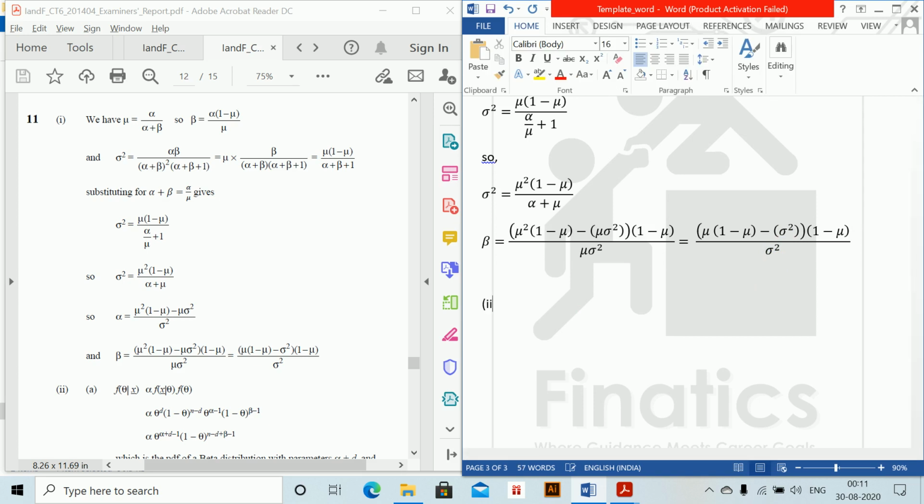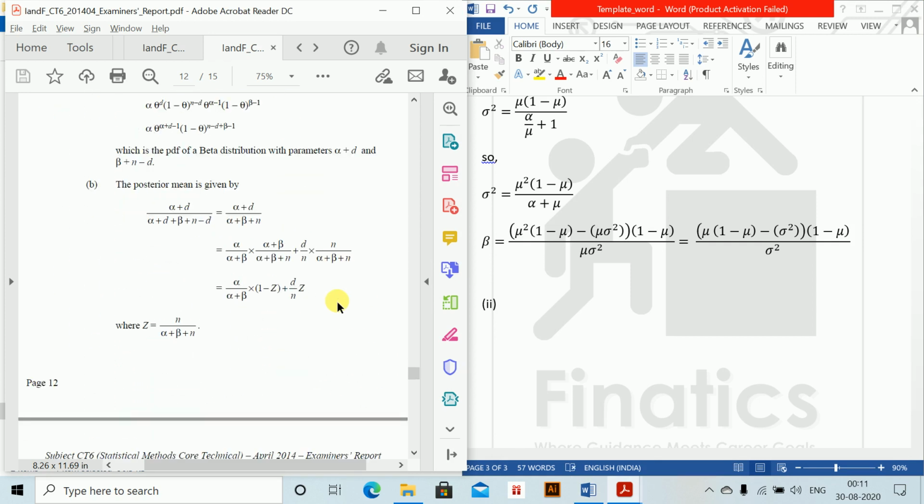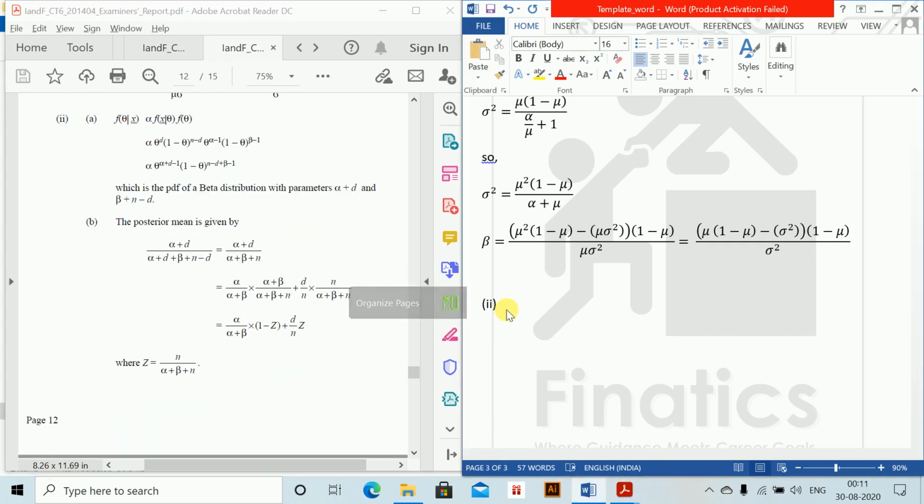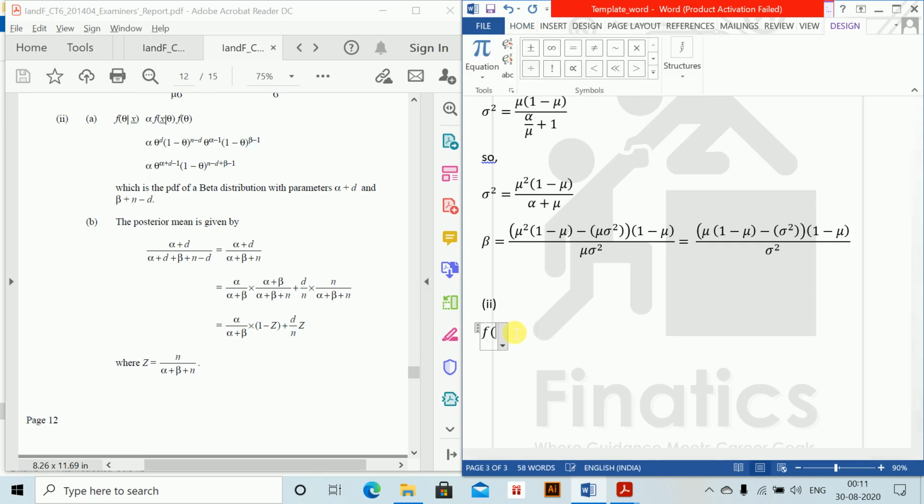Coming to part 2. Now here we have to find the posterior distribution f(θ|x), proportional to, remember we did proportional to, f(x|θ) into f(θ).